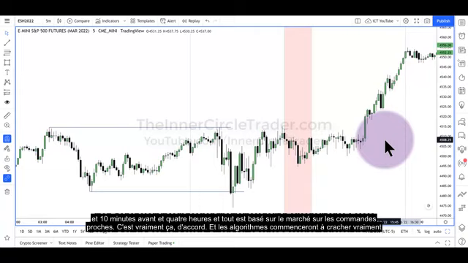And it's all based on market on close orders. That's really what it is. The algorithms will start spitting out really aggressive pricing and forcing traders to either cover or get out of their trades. And usually if it's going up, it really just ramps up and accelerates in that direction.